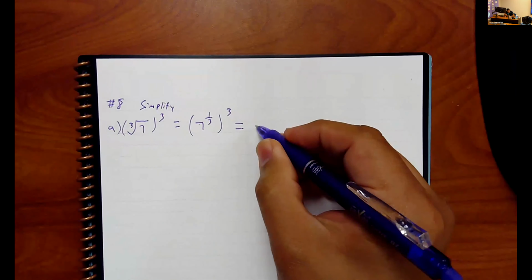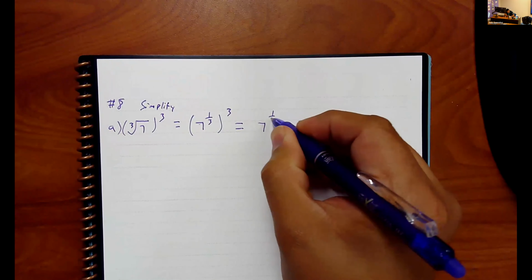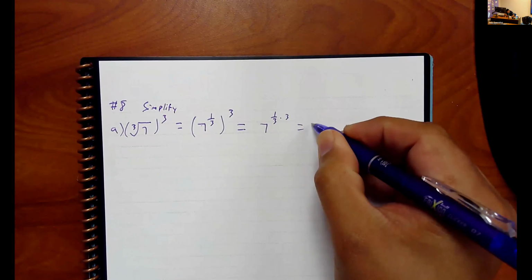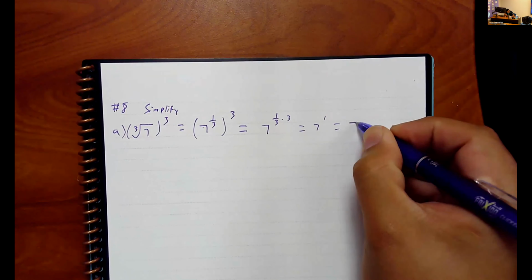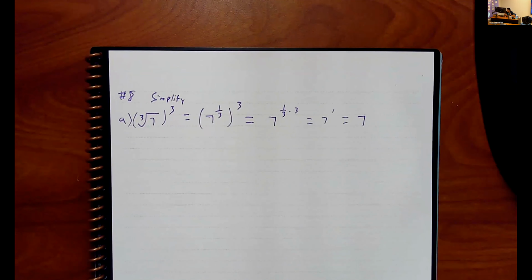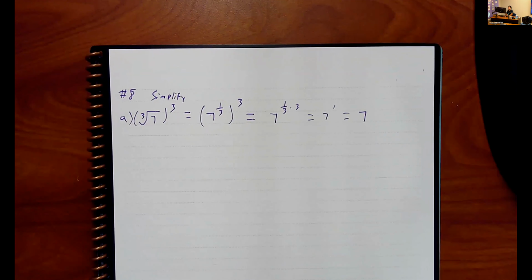So we get 7 to the 1/3 times 3, which is 7 to the 1, which is 7. The answer is 7. That makes sense?